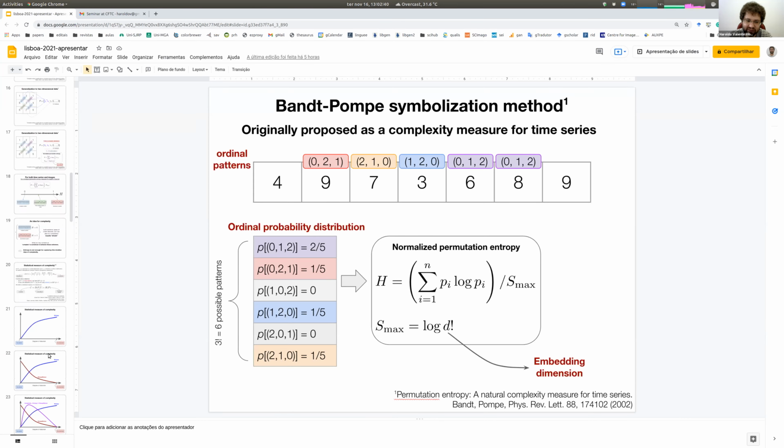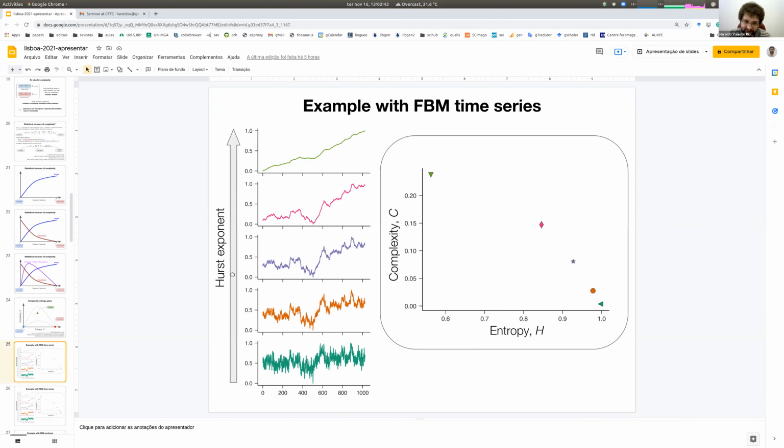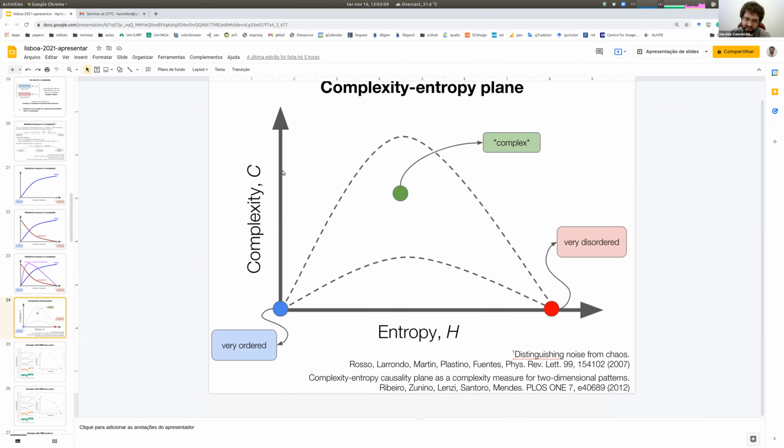Yeah, I think that, for instance, in the case of the Hurst exponent, the fractional Brownian motion is not stationary. So in this particular example, we have a time series that is not stationary. But if we estimate the values of the ordinal probability distribution, it converges to a given value. So non-stationarity is not a problem for estimating the values of entropy and complexity, I guess.